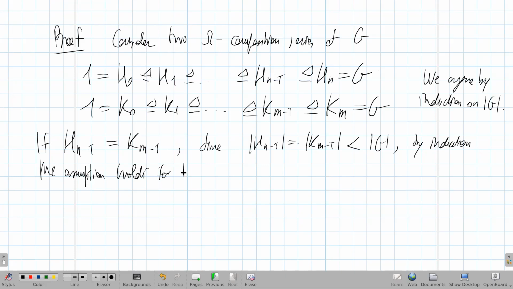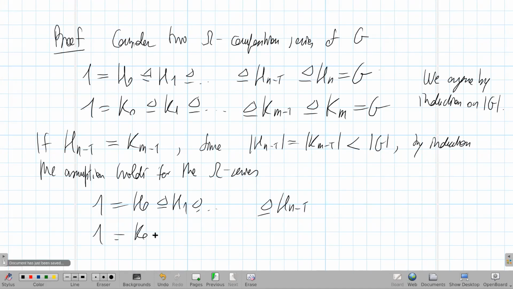This is the critical point for the omega series 1 equal H0, H1, until Hn-1 and 1 equal K0, K1, ..., Kn-1.